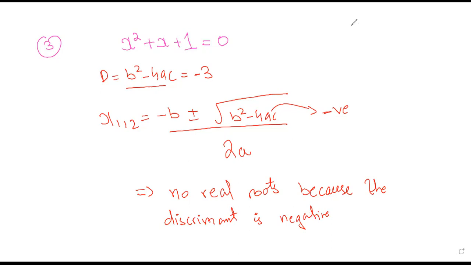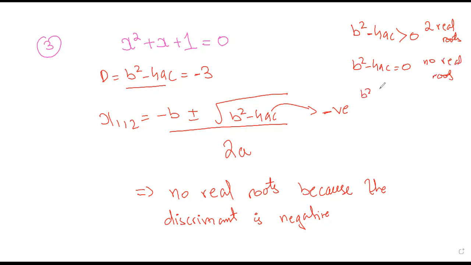I told you in the very beginning, whenever we have b square minus 4ac greater than 0, you will have two real roots. Whenever b square minus 4ac equals 0, you will have repeated roots.